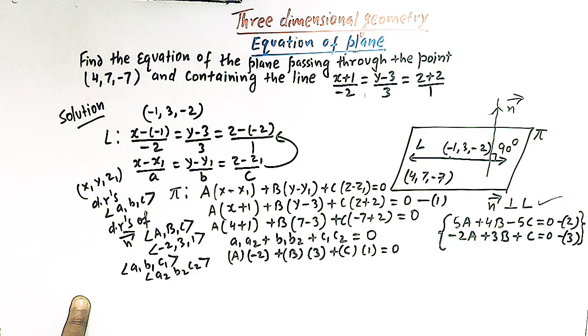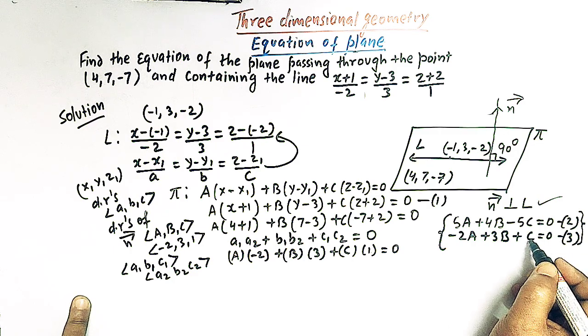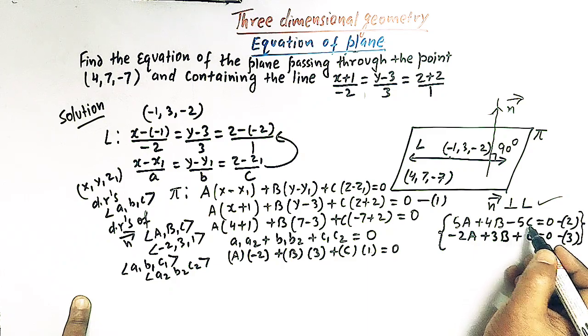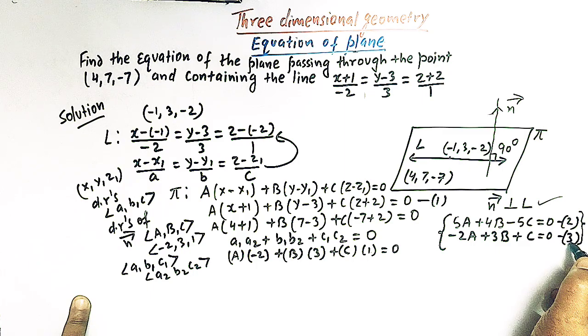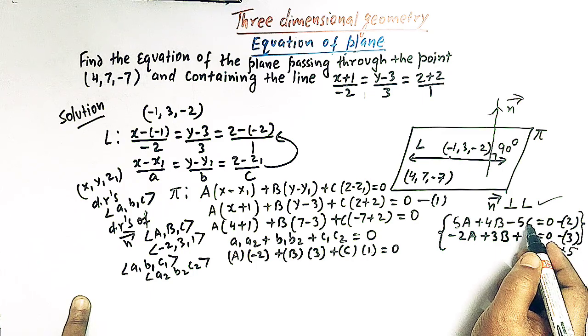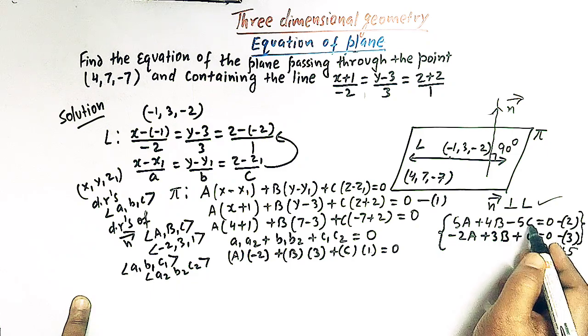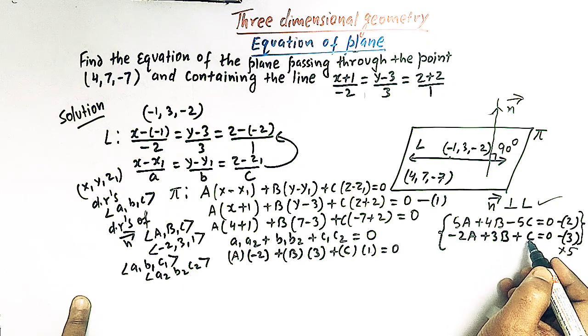So let us here select this variable, that is variable c. So here we have minus 5c, and here we have simply c. So let us multiply this equation 3 by 5, so that the coefficients of c are equal in both these equations, right?